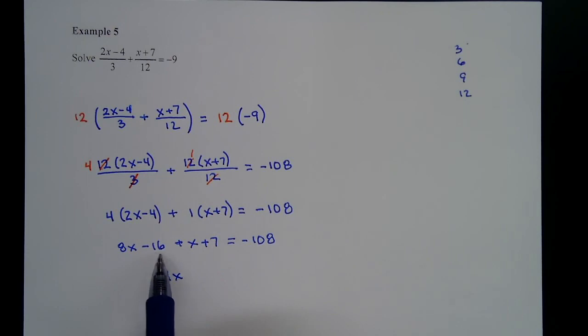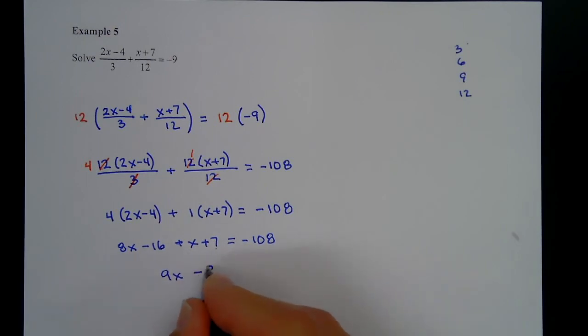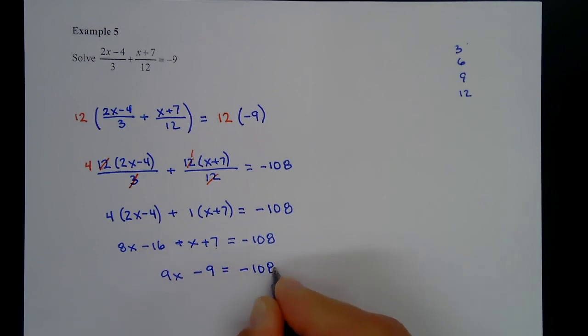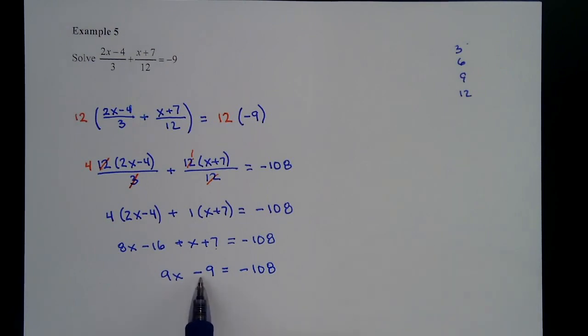And the negative 16 and the positive 7 combine to make negative 9, is equal to negative 108. Then I'm going to add 9 to the left side and also the right side, and that results in 9x is equal to negative 99.